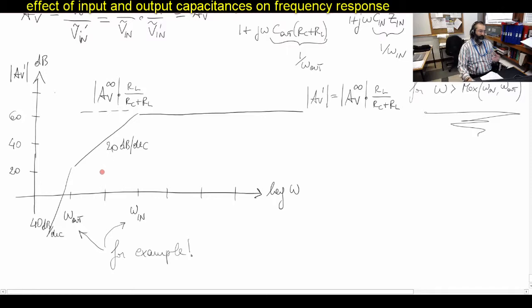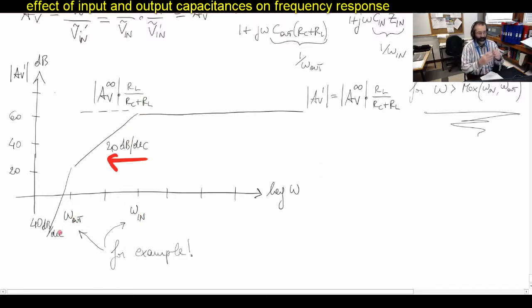But what I want to stress is that the parameters we've put in, which are C in and C out, these are things we decide, and they have an effect only on how low the amplifier can operate. So it's up to us, depending on the lowest frequency we want to reach, to define omega in and omega out, so C in and C out, properly, in such a way that we can push this boundary as low as we can, if we need to.